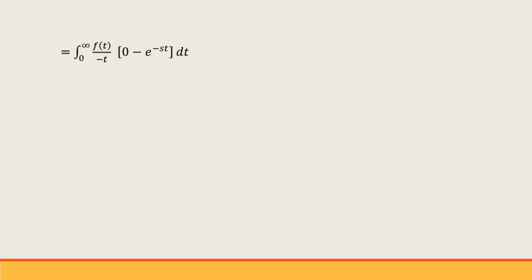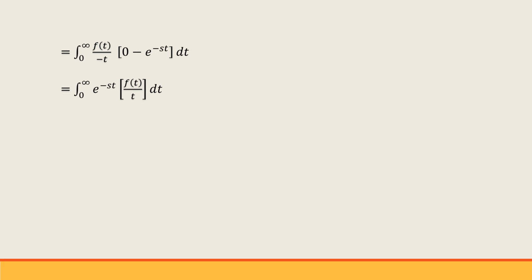On putting infinity, e raised to the power minus infinity becomes 0, and for 0, e raised to the power minus st. Minus sign will come, so we get integral 0 to infinity e raised to the power minus st into f(t) by t dt, as minus minus cancel out.